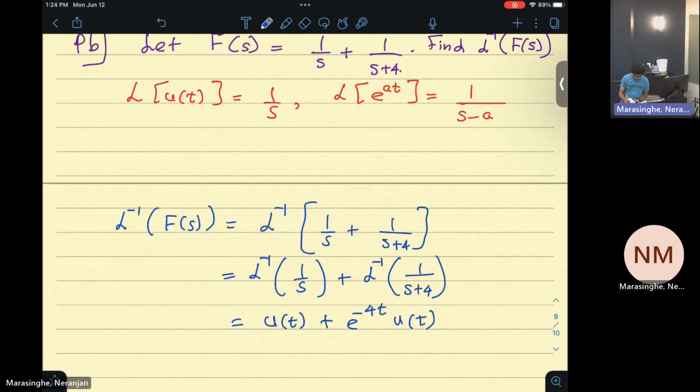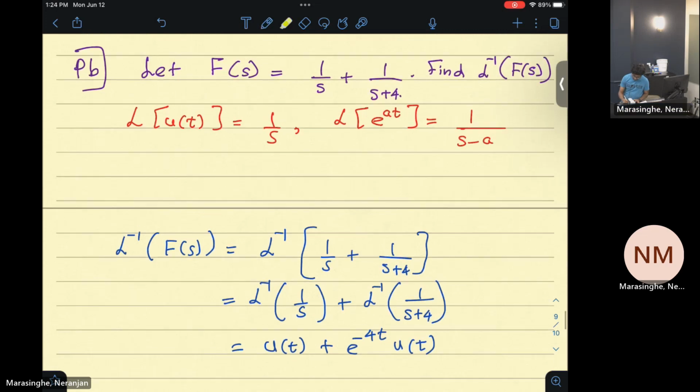Because we know from here that the inverse Laplace transform of 1 divided by s minus a is equal to e to the at u(t). Okay. So if I plug minus 4 instead of a, I would get the inverse Laplace transform of 1 divided by s plus 4.